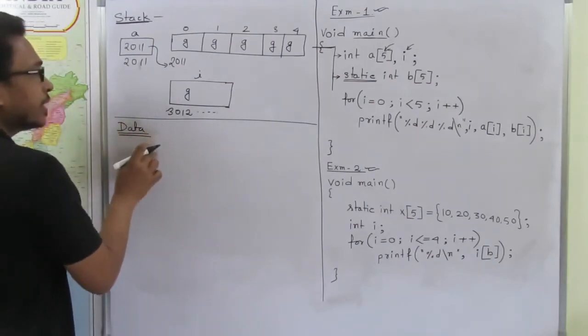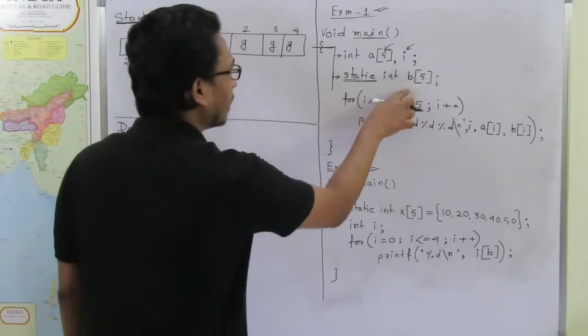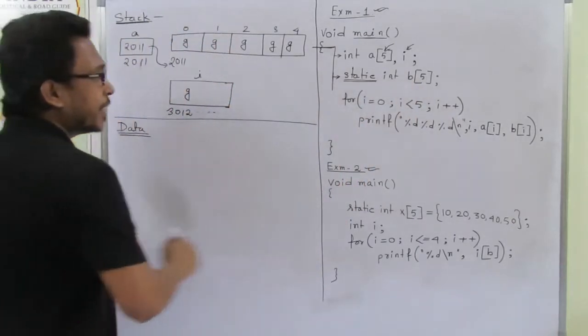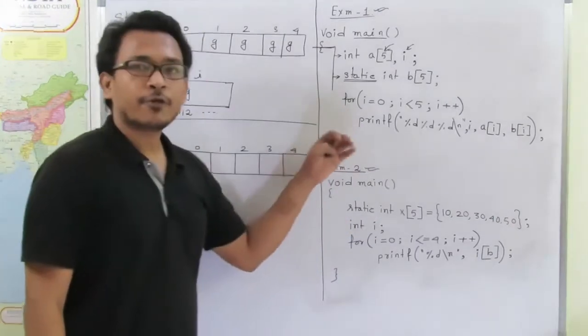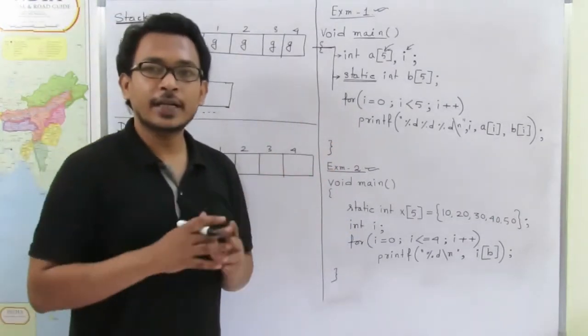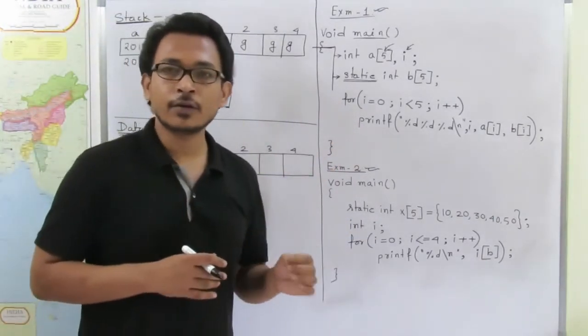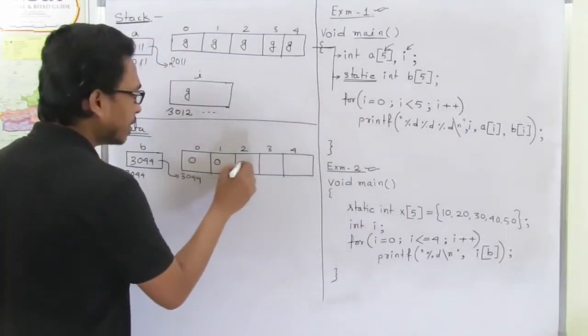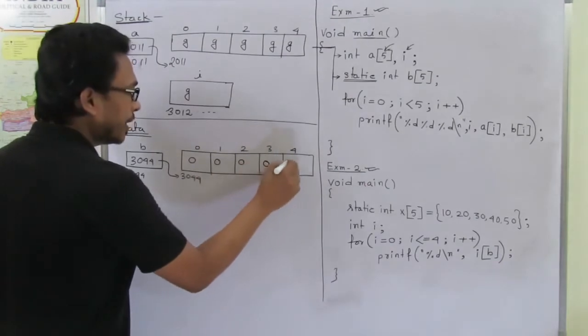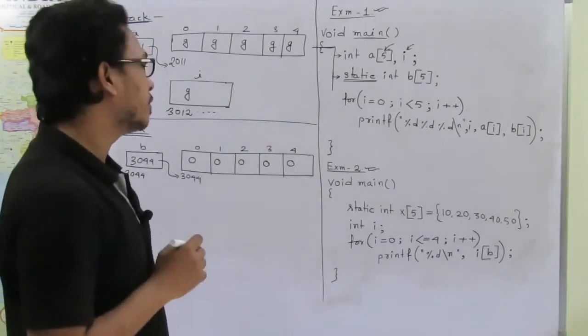From this data section memory will be allocated for the array B. As the memory for B is allocated from the data section, the initial value will be 0. That means each element of array B will be initialized with value 0.